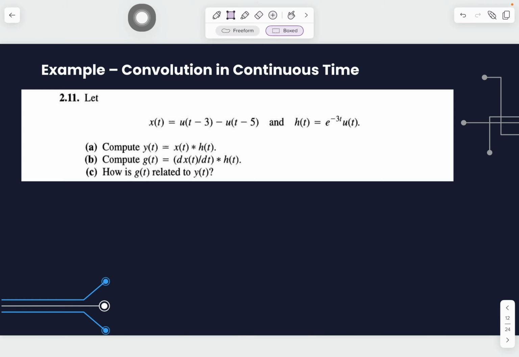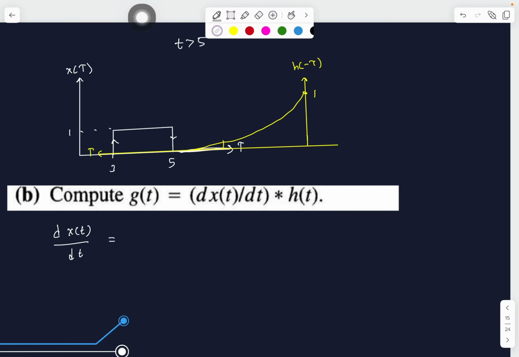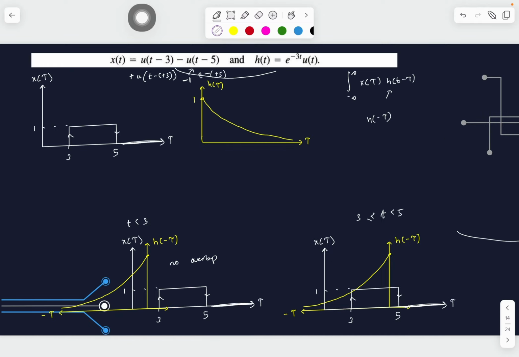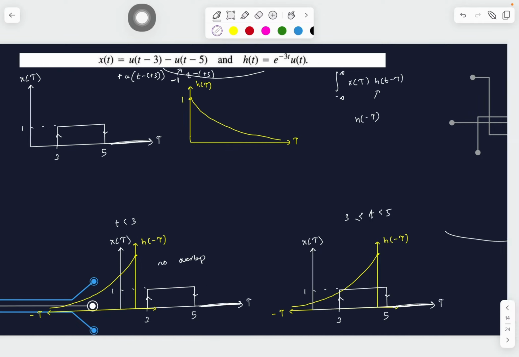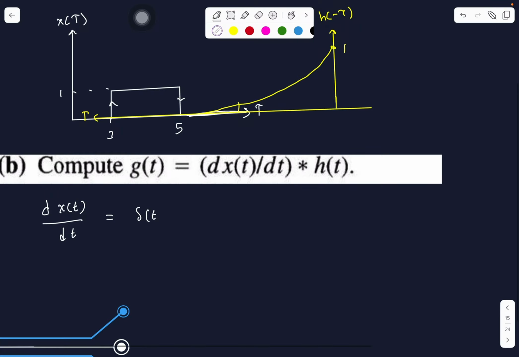Next question, compute g(t). Let's find the derivative of x(t). So dx(t)/dt is equal to, where is x(t)? So this is x(t), u(t minus 3) minus u(t minus 5). So the derivative is delta(t minus 3) minus delta(t minus 5).